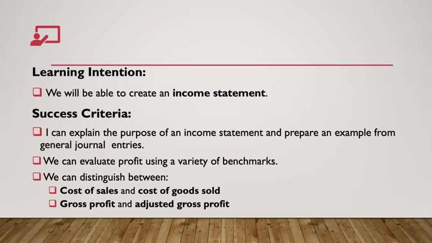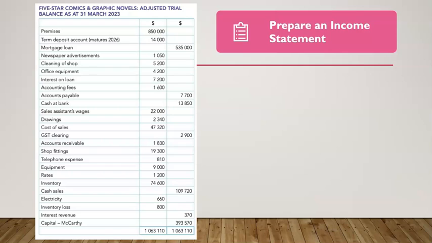I want you to reflect. Have we been able to achieve our learning intentions and success criteria? And now it's time to start practicing. And a good one to practice before you go to the textbook exercises is this one, trial balance. Can you identify the revenue and expense accounts from here, which should be no different to chapter 10, and prepare an income statement?